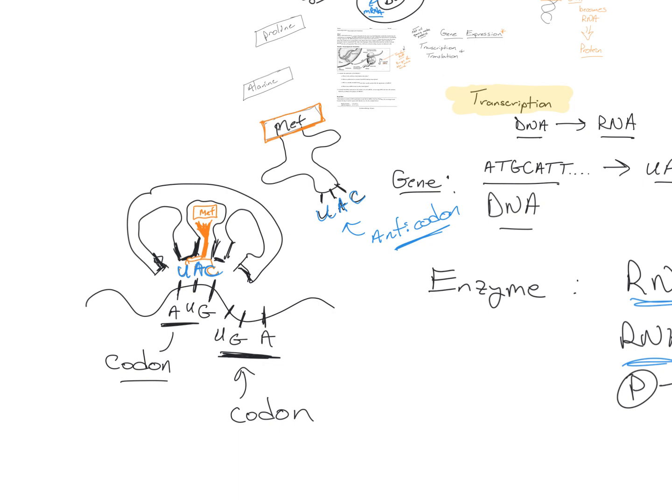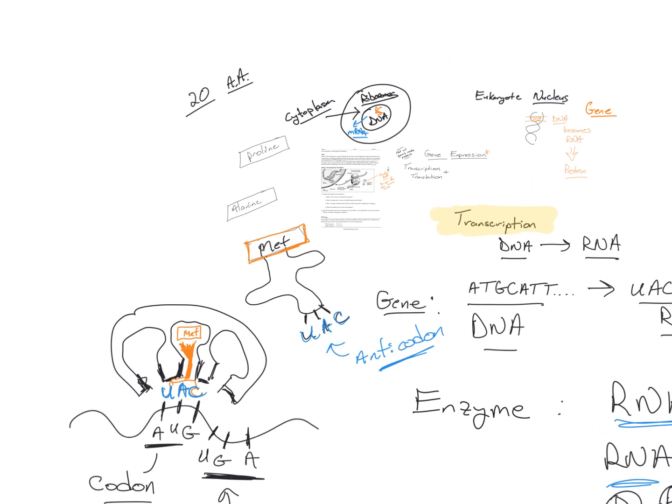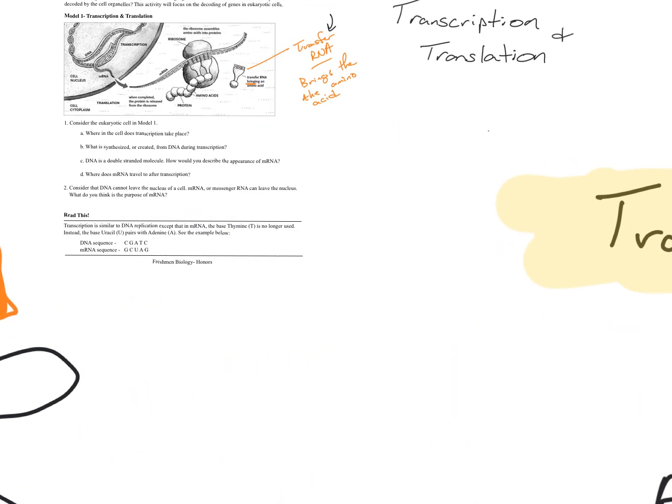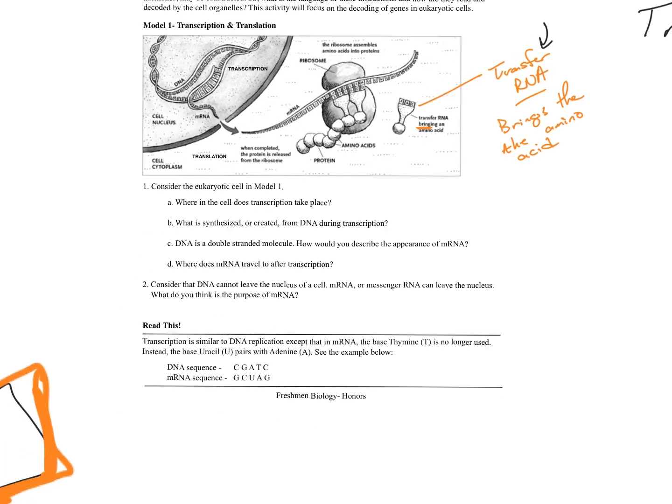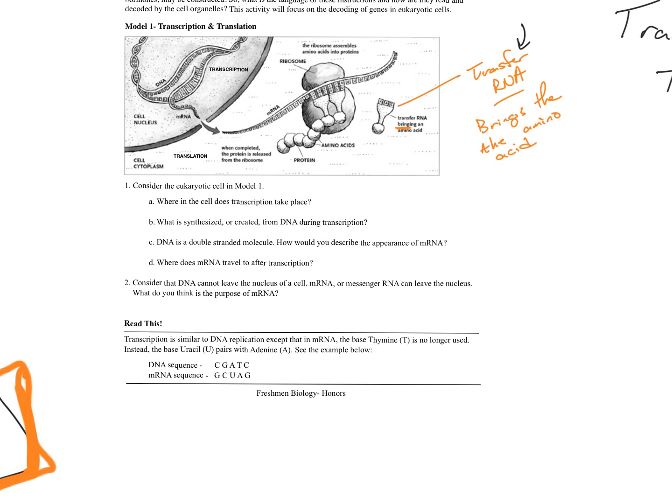Well, this only works if you have a specific set of amino acids on a specific tRNA. So this is obviously a freshman biology honors activity. I thought it'd be a good intro rather than jumping right into the AP Bio one. Is that okay with you?